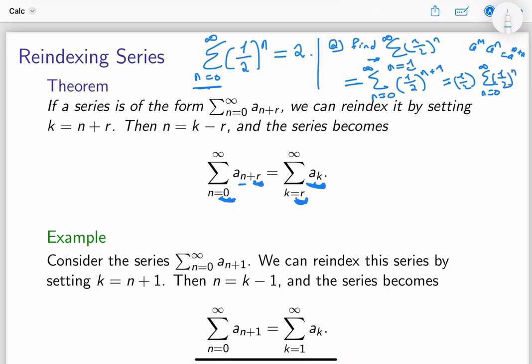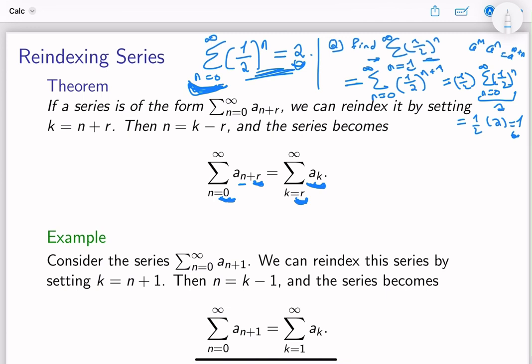We know that this is 2, and thus the answer is 1 over 2 times 2, which is 1, which is what we expected, because we only removed the term corresponding to n equals 0, and that term is 1 over 2 to the 0, which is 1. So we removed 1 from the answer, which is why we got 1.